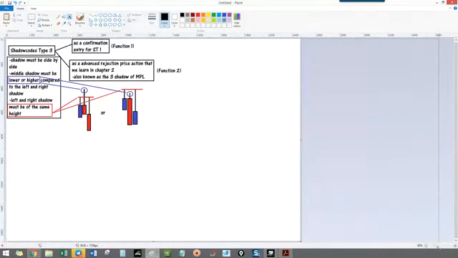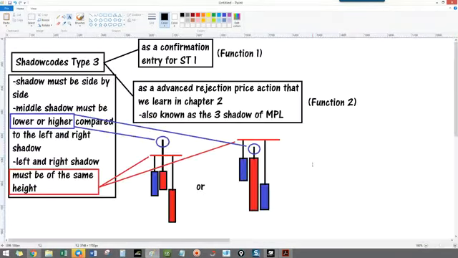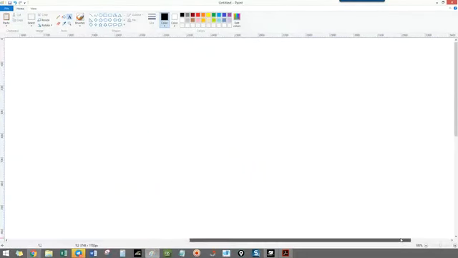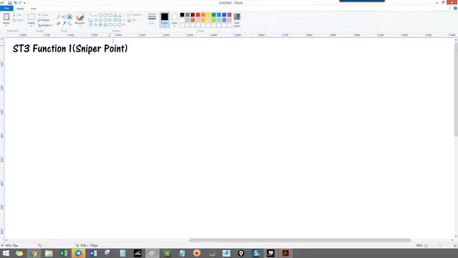So I will explain function 1. ST3 function 1: sniper point. Okay, you need to have something like this.